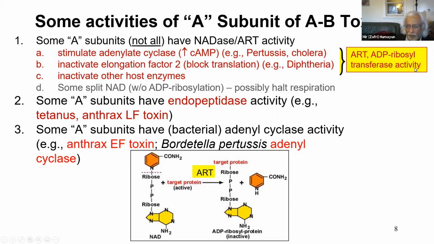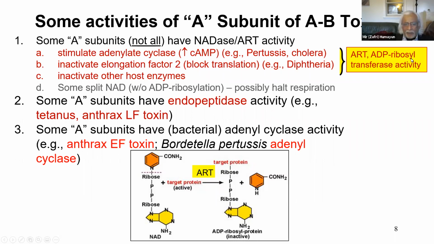ADP ribosyl transferase activity transfers ADP ribosyl from NAD. The NAD structure is shown here. It consists of adenine, ribose, two phosphates, another ribose, and nicotinamide.